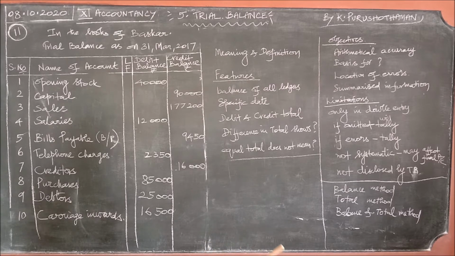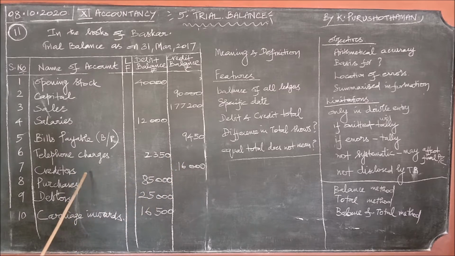You may ask me such a question. But the reason is, instead of creditors here, the sales account might have been written. Sales also credit, creditors also credit. So in that case also you will get the equal total. Then do you think the accounts or the statement you have prepared is correct? No, we cannot say.